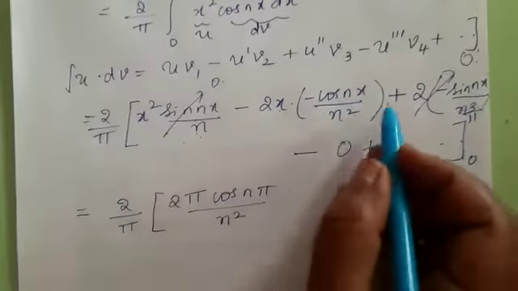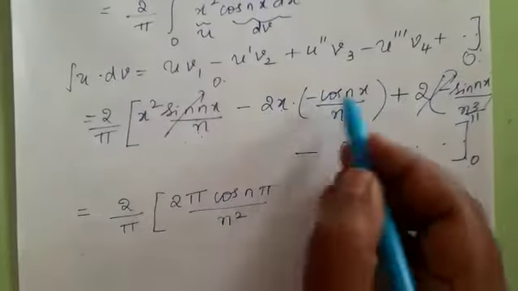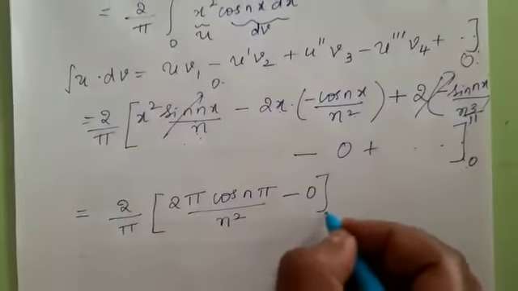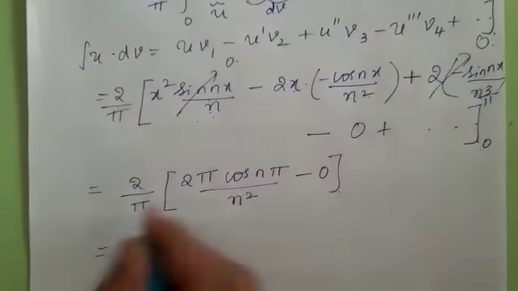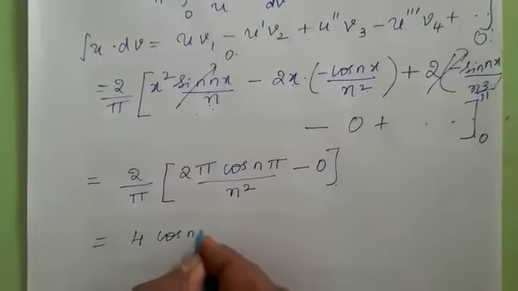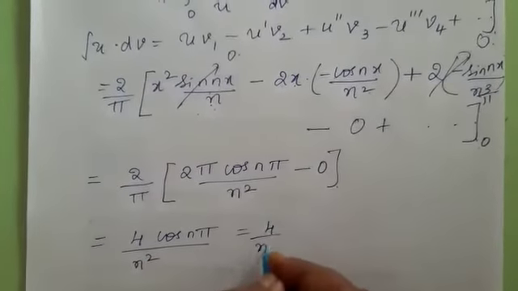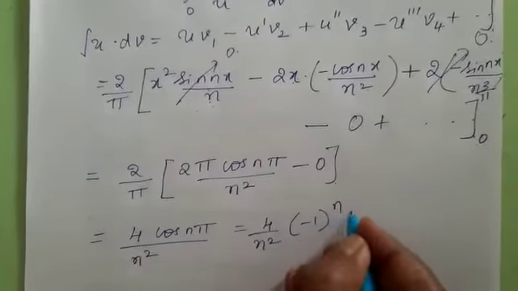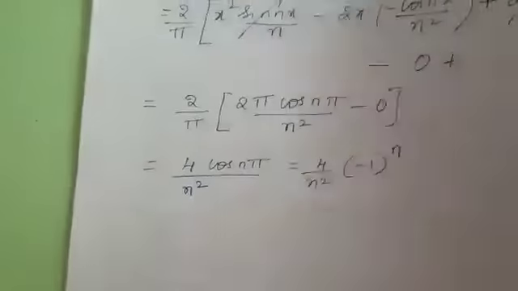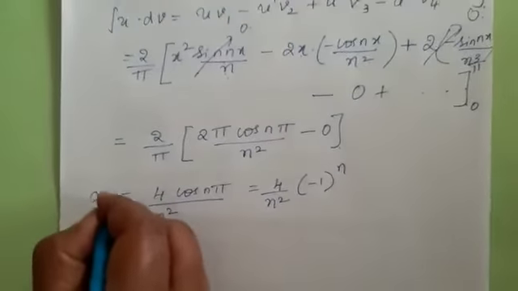If I consider the lower limit, 2 into 0, the whole term becomes 0. So what is this? When I multiply, 2 2s are 4 cos n pi by n square, or it is 4 by n square into minus 1 to the power of n will be the answer. So this is my An coefficient.